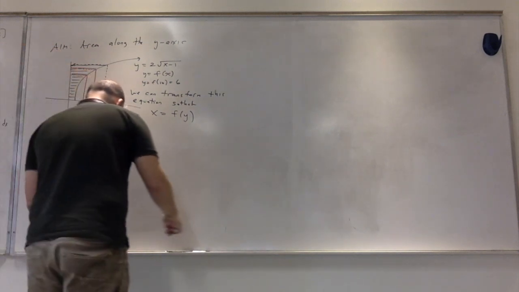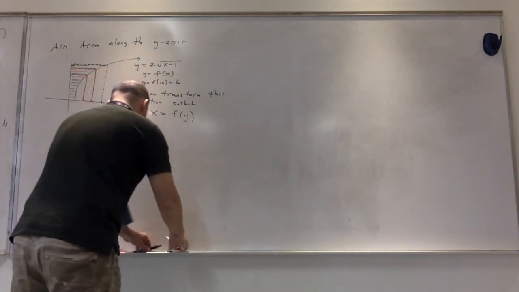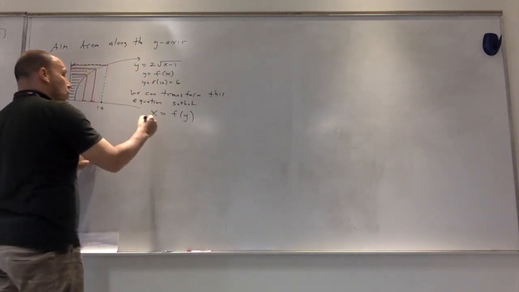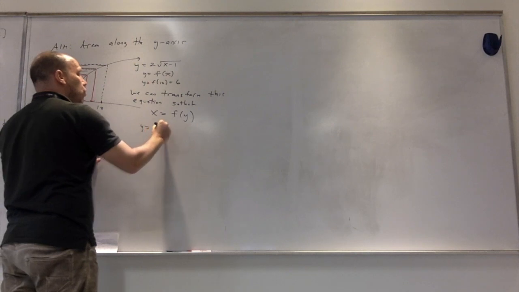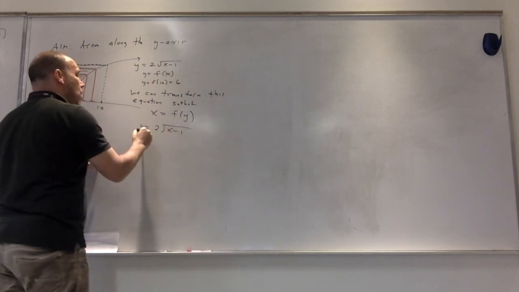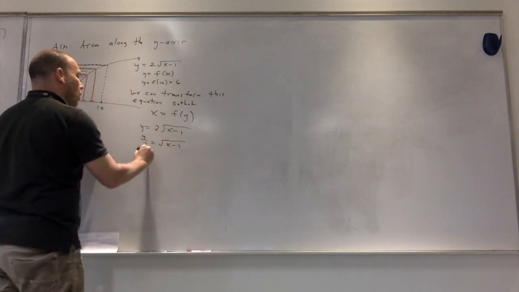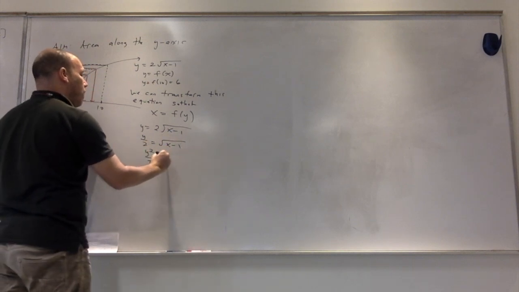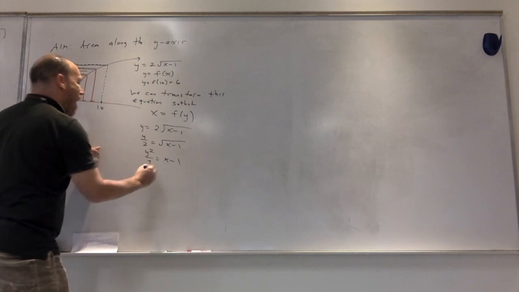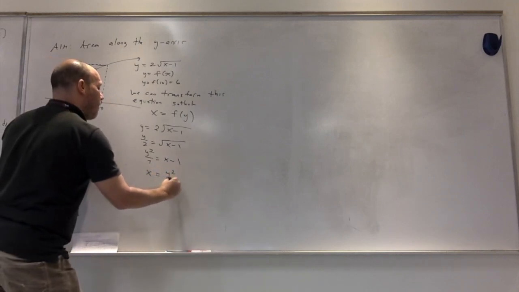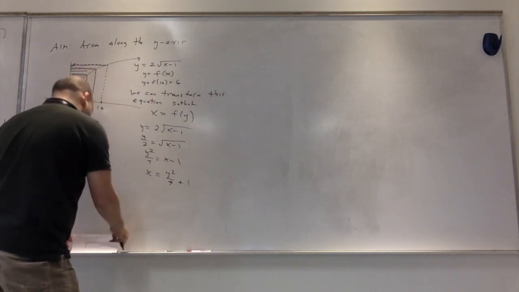So how do we do that? Well, we have y equals 2 radical x minus 1, y over 2 equals radical x minus 1, y squared over 4 equals x minus 1, and x is equal to y squared divided by 4 plus 1.